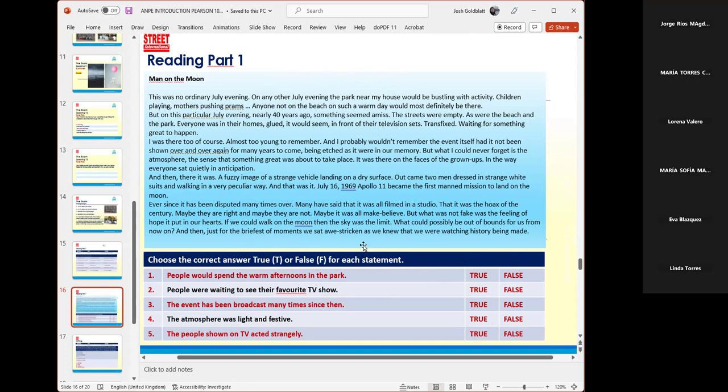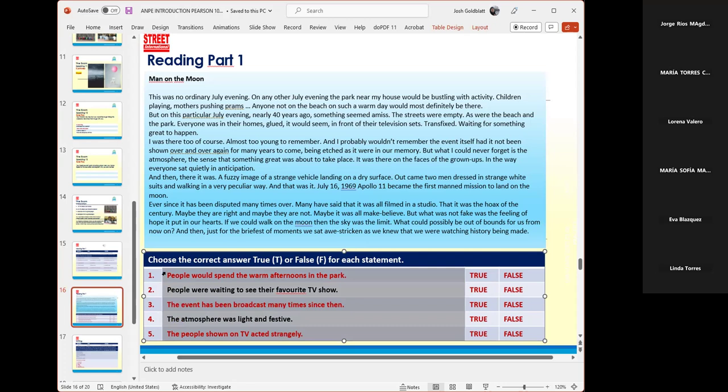Remember, the first thing you do with the reading is, what do you do? What's the first thing to do with a reading exercise? Read the questions.